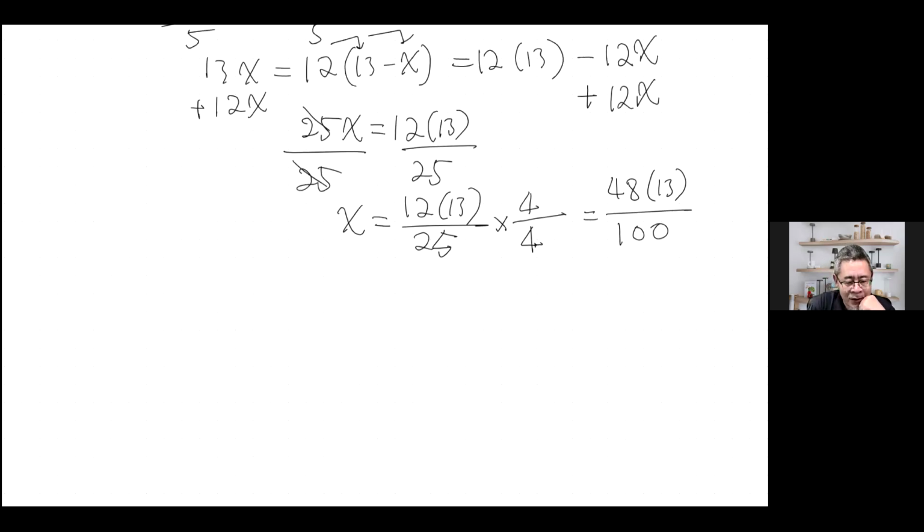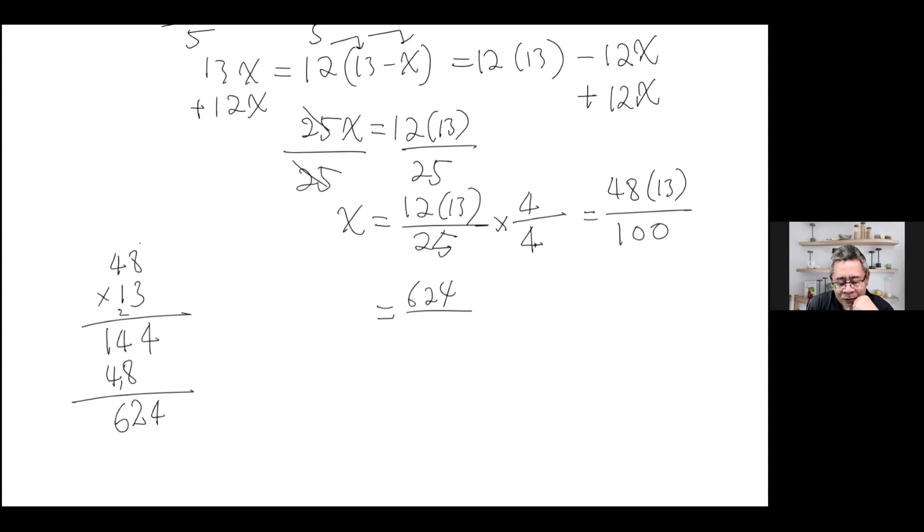So 48 times 13: 3 times 8 is 24, 3 times 4 is 12, plus 2, and so on, and we get 624 over 100. So therefore, x is 6.24 hours.